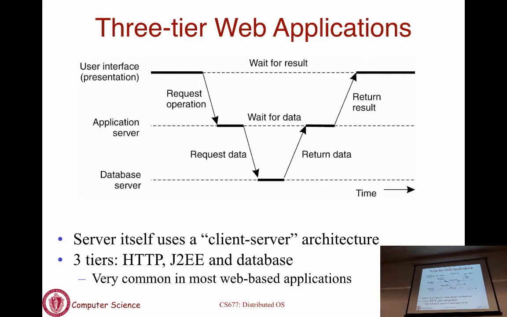Let's say this is your browser. It's going to make a request, and let's say you are making a request to some online store. And this is the typical architecture of your online store.